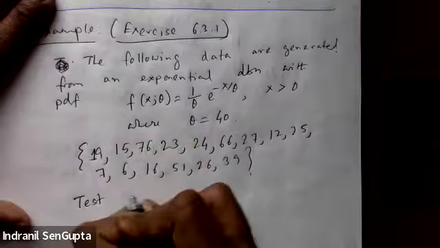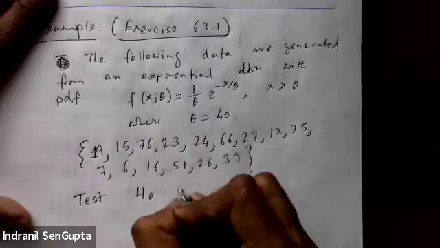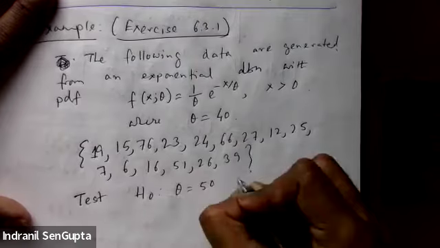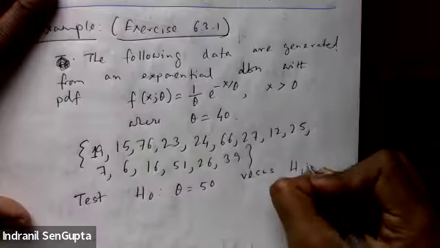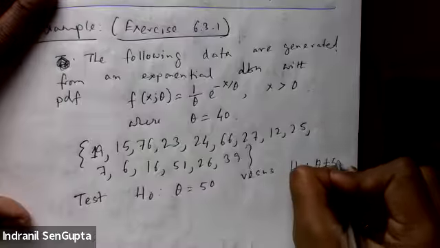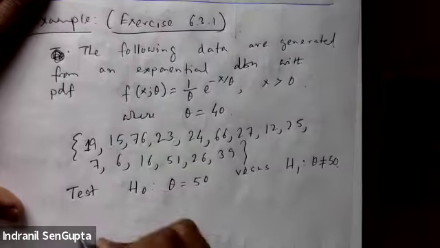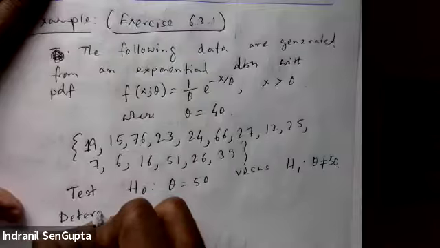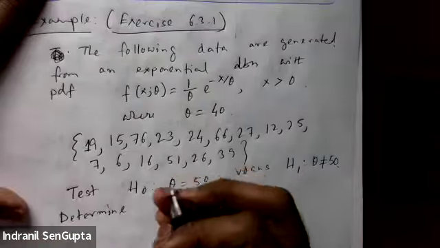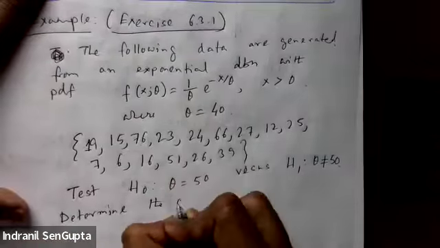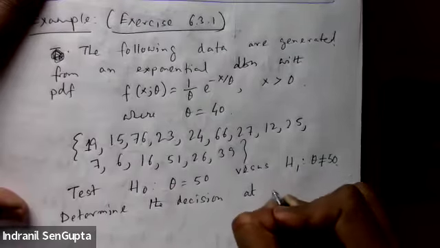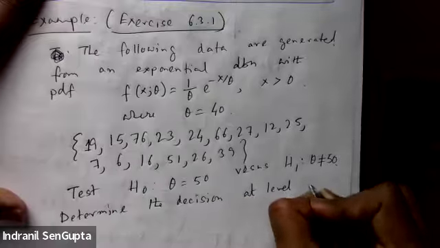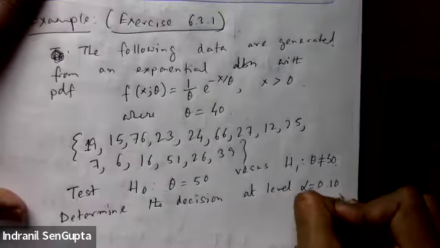Test the null hypothesis theta equals 50 versus H1, theta not equal to 50. Determine the decision at level alpha equals 0.10.